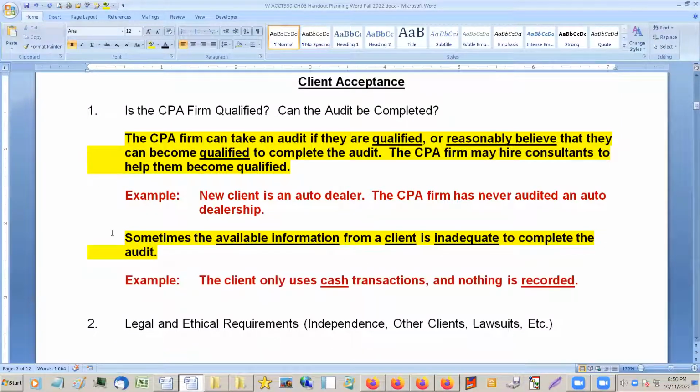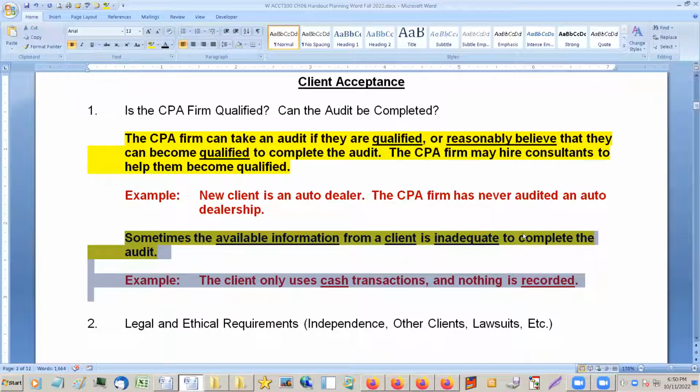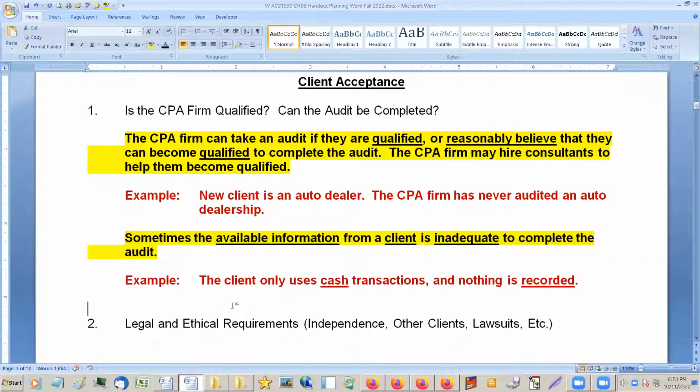And this is a big one. If you don't think the audit can be completed, you should not take it. I'm gonna put that in big letters.